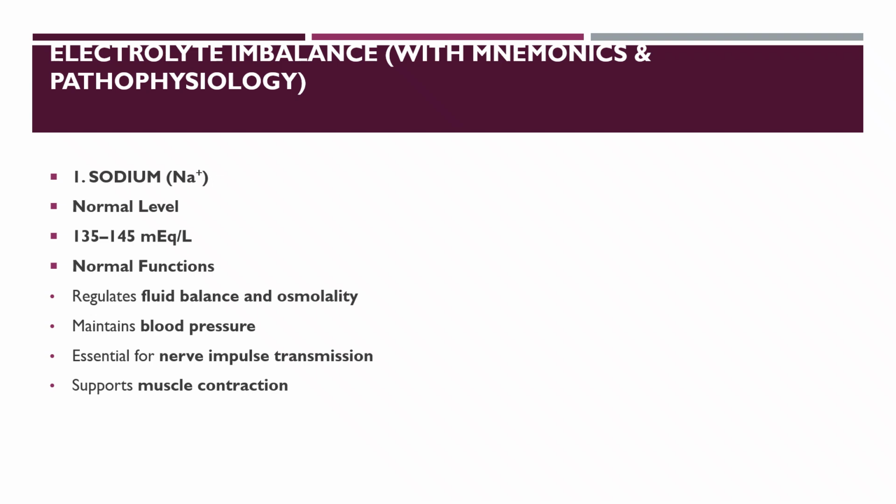The normal function of sodium is to regulate fluid balance and osmolarity, maintain blood pressure, ensure nerve impulse transmission, and support muscle contraction. At any point in time, if there is a shift in the normal ranges, whether more than or less than, this normal function of sodium will be compromised.